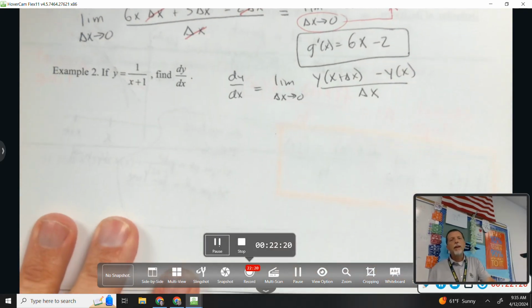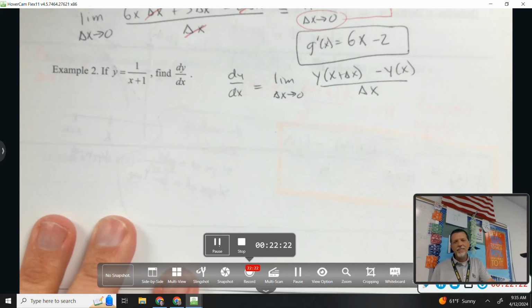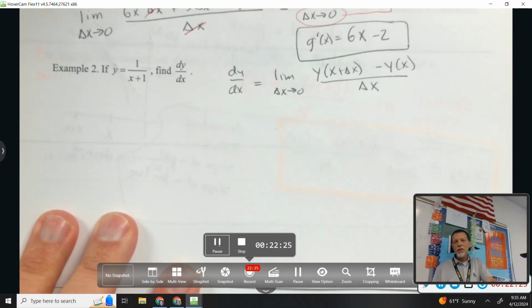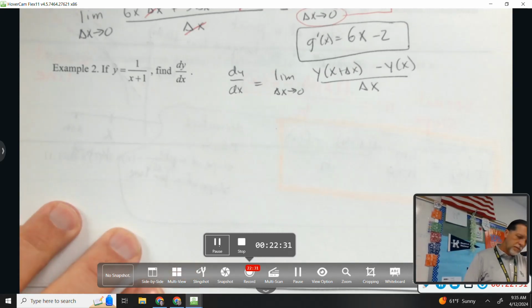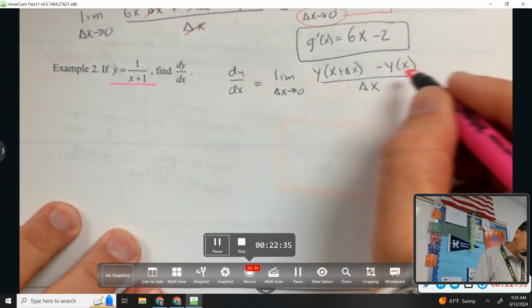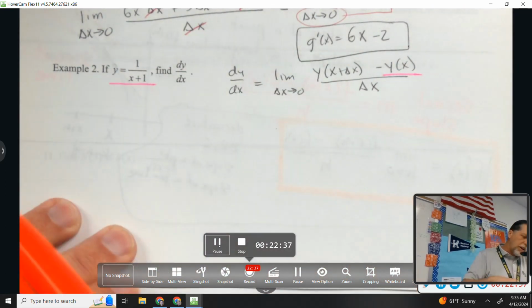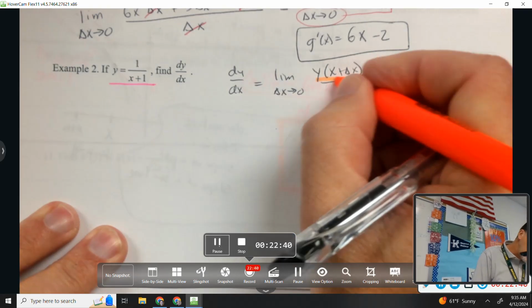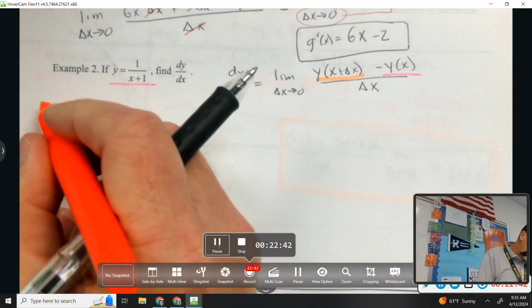You don't have to rewrite that every time because that is the definition. But writing it a couple times while we're learning it, just the process of writing it helps get it in your head. Once again, they gave us y of x, so we know that. Our job is to find y of x plus delta x.